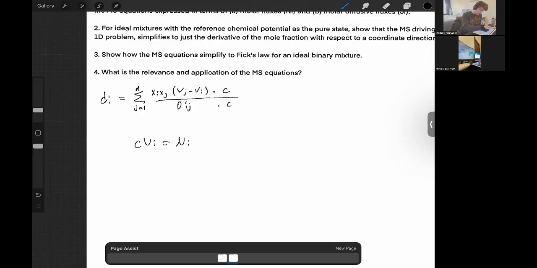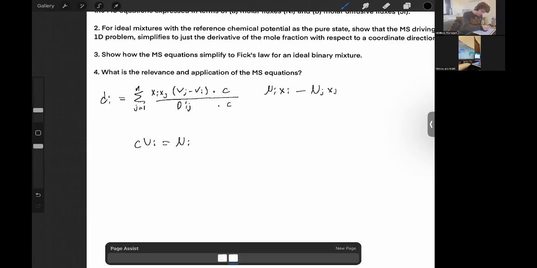And when we do that, we should get something like C multiplied by x of i times v, which then turns this into the molar flux times the molar fraction, minus n of j, x of i.